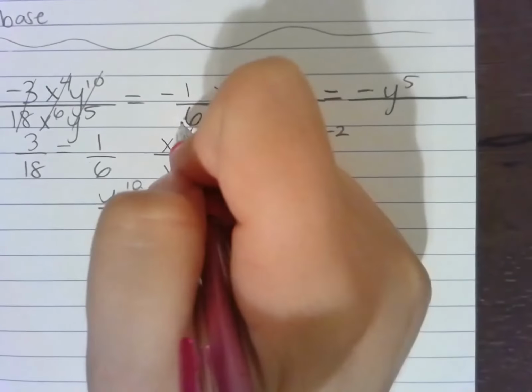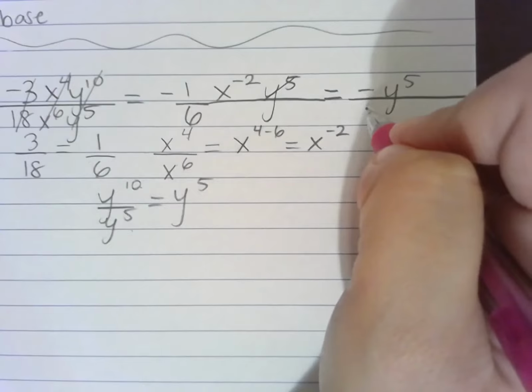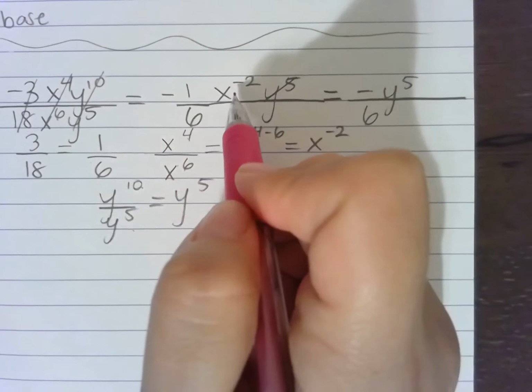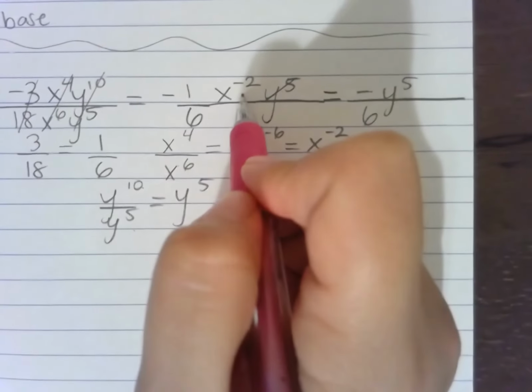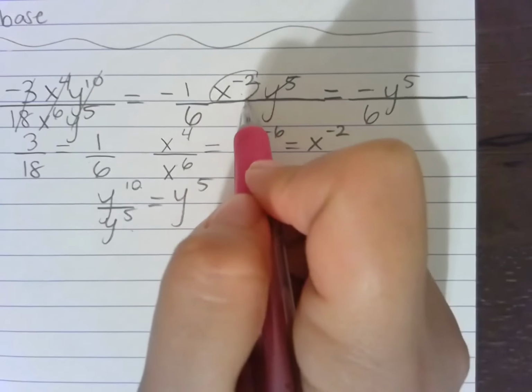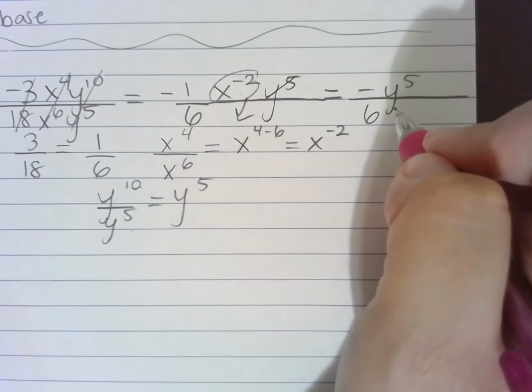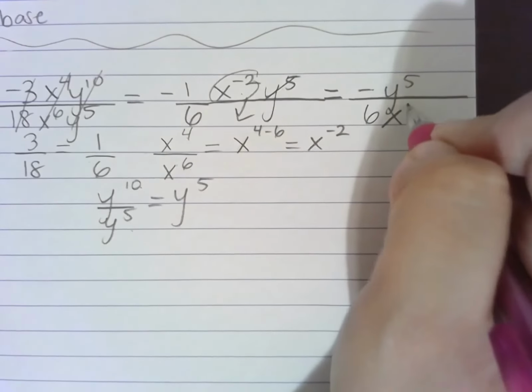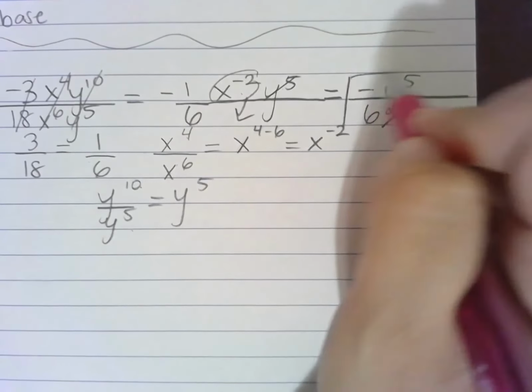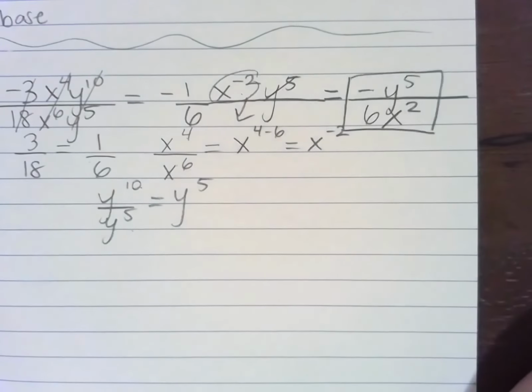And 6 is definitely at the denominator, so I'm going to write 6. And then because I want to make this a positive 2, this x squared does have to come to the denominator. So that becomes x squared, and now it's positive. And that's my final answer.